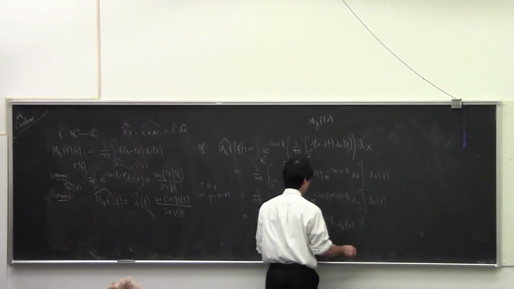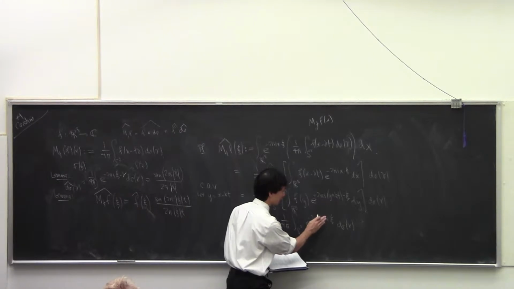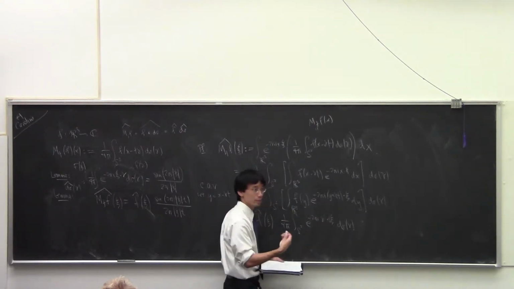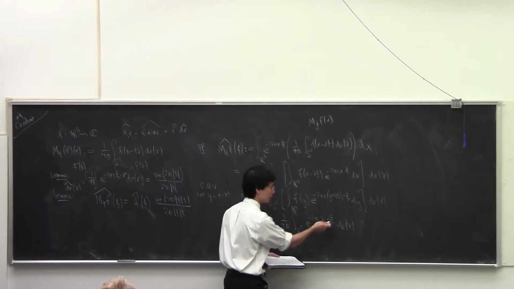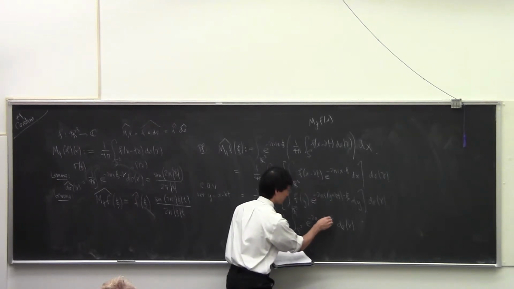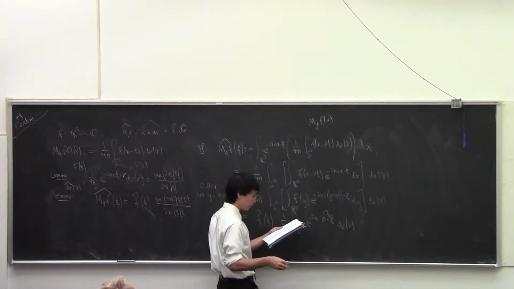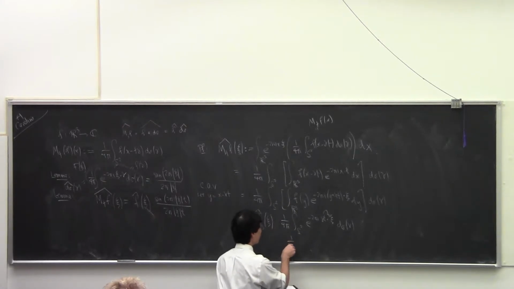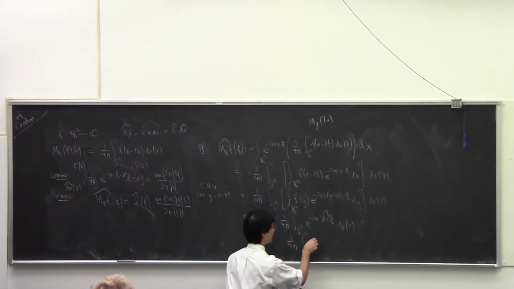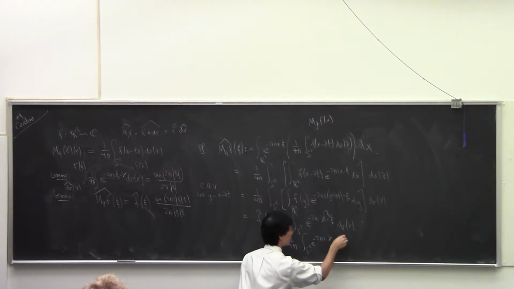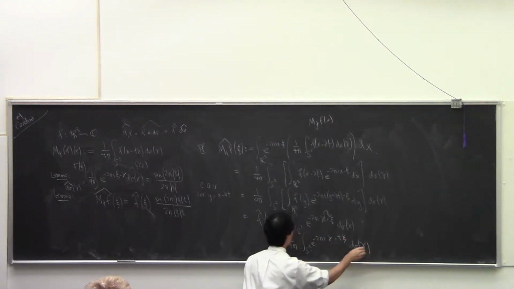I'm going to move t from here to here, because t is a scalar, so I can certainly move it from one side to the other. But what is that? That is 1 over 4 pi, I guess I'm going to rewrite it, e to the negative 2 pi i gamma dot tc.